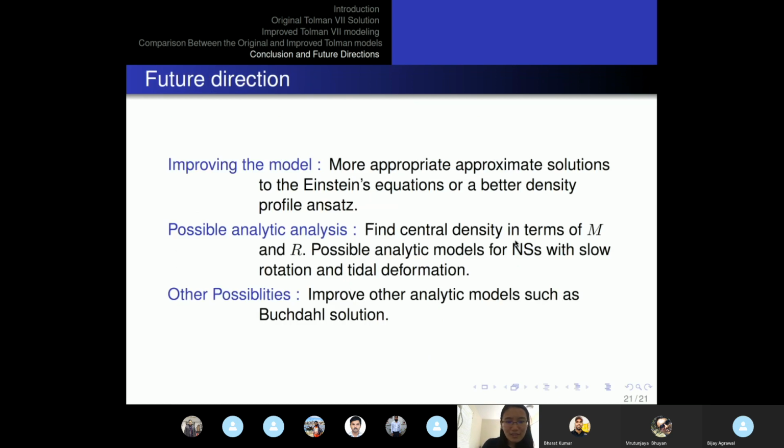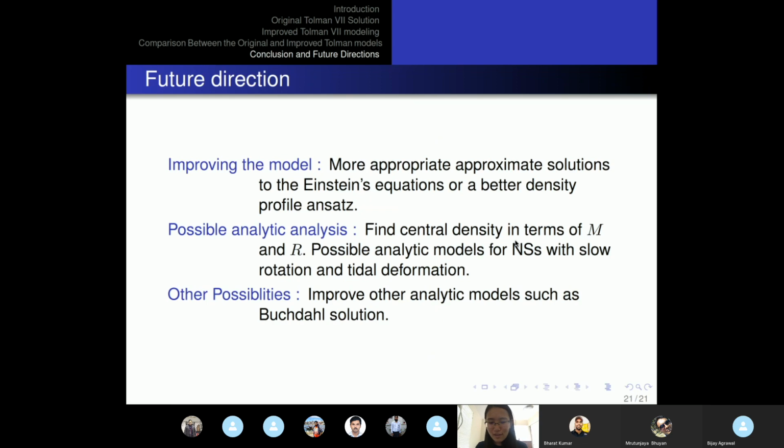As for the future directions, I think one is we can find more approximate solutions to the Einstein equations, or we can go further and find a better density profile ansatz.